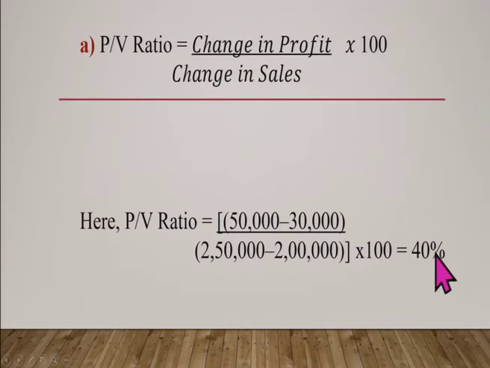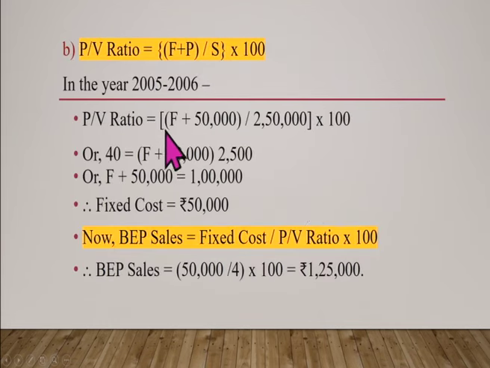The PV ratio is 40%. This 40% includes fixed cost and profit. The profit for the year 2021 is 50,000, and what about the fixed cost? For whatever the sales are, 40% is the contribution.